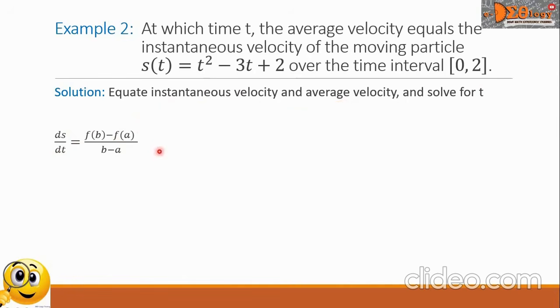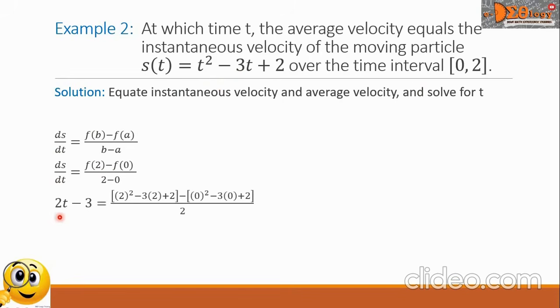Now, with respect to our time interval, the right side of the equation becomes f of 2 minus f of 0 all over 2 minus 0. Let us evaluate both sides of the equation. ds over dt is the derivative of our function.